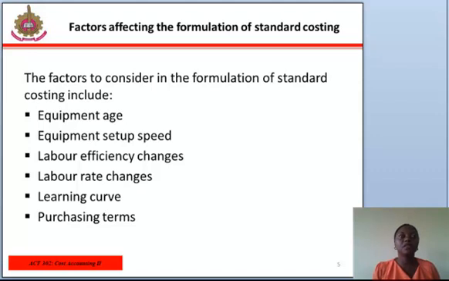Labor efficiency changes. If there are production process changes, such as the installation of new equipment or automated one, then this impacts the amount of labor that will be required to manufacture a product. The next is the labor rate changes.